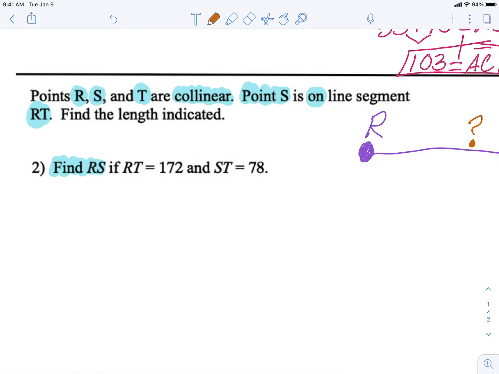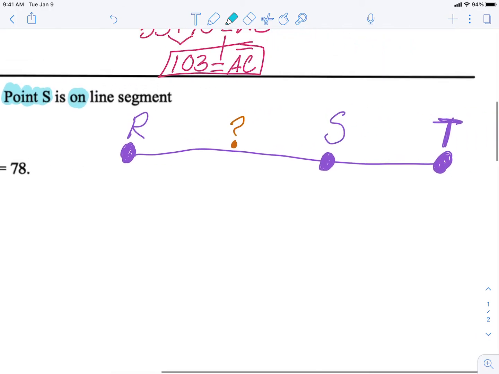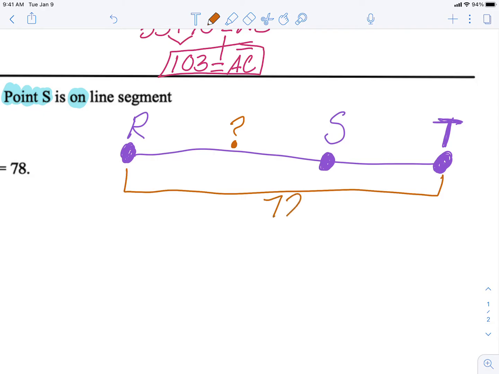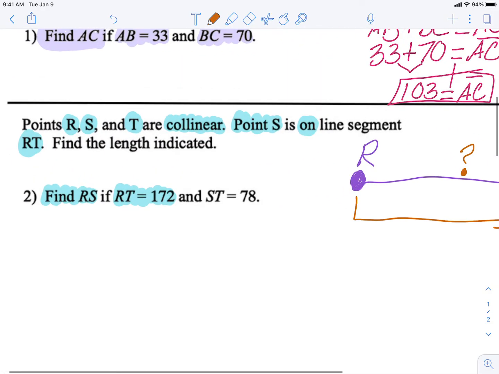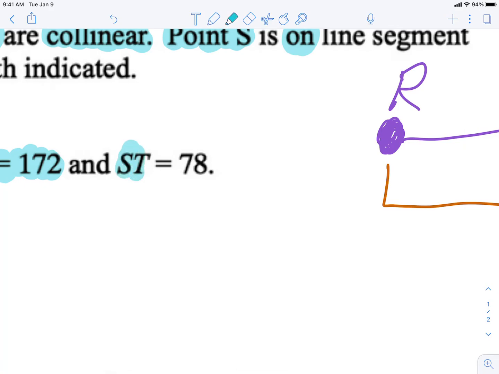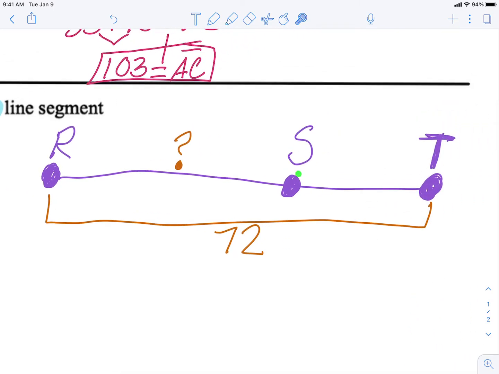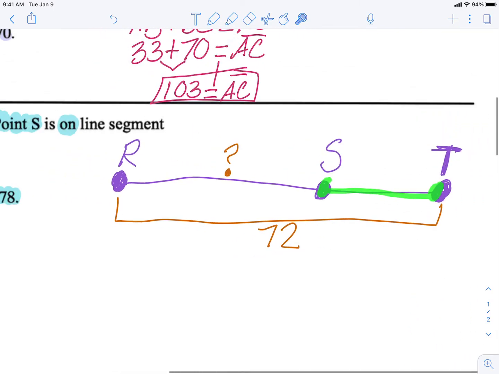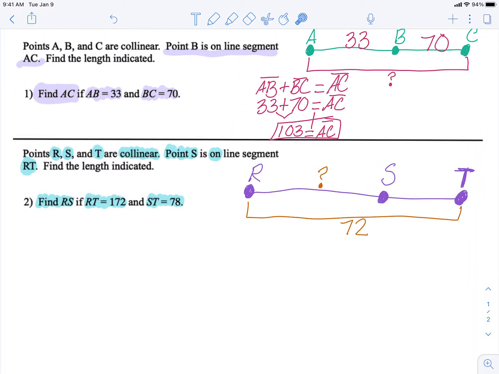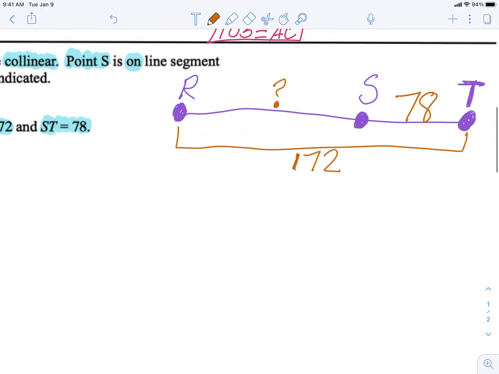Next, it says RT is equal to 72. So from R to T is equal to 72. Then it says from S to T is 78. So from S to T is 78, just like that. Now that we have all the information, we can set up our equation, right?